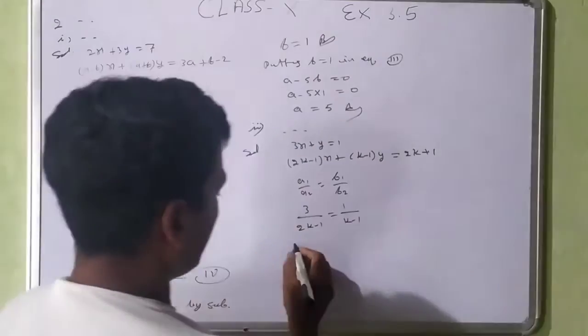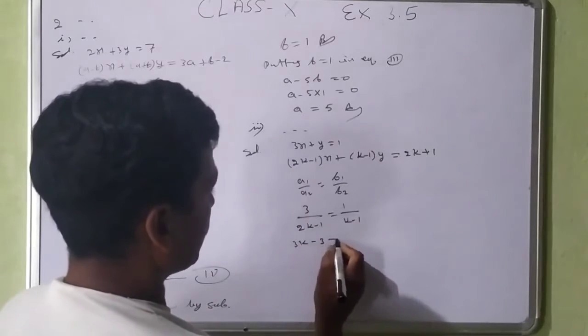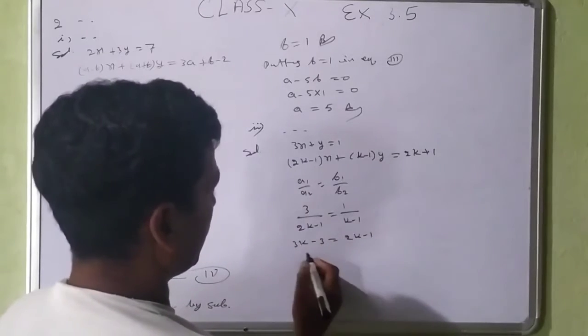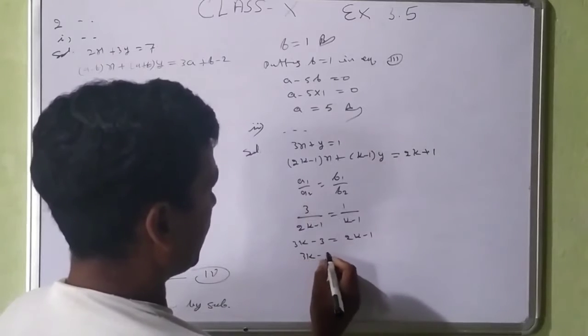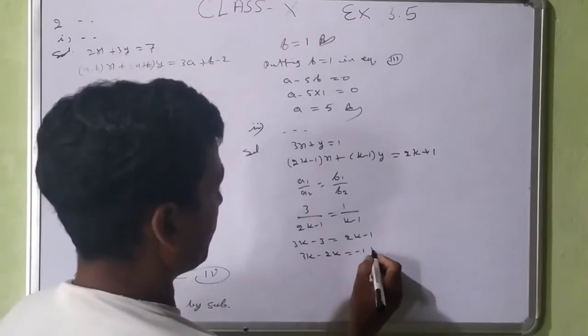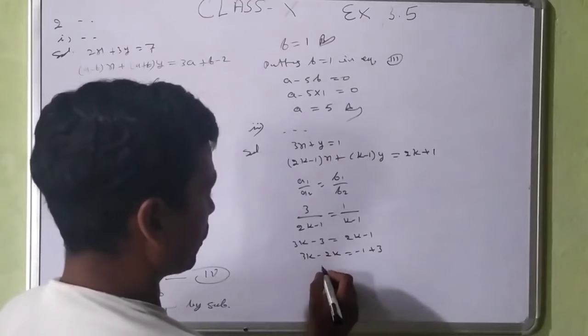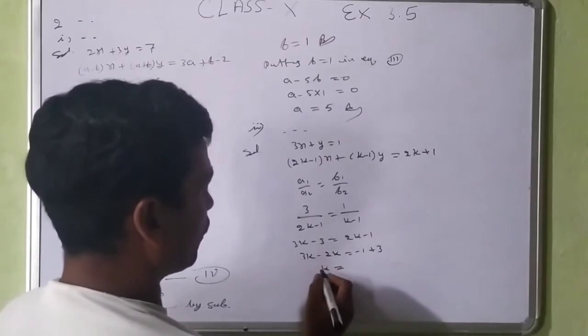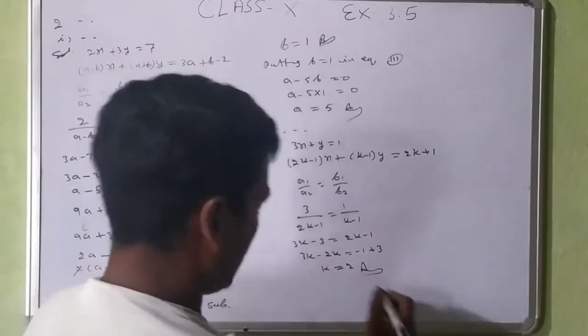By cross multiply, 3k minus 3 is equal to 2k minus 1. So 3k minus 2k is equal to minus 1 plus 3 by interchange. So k is equal to 2. This is the answer.